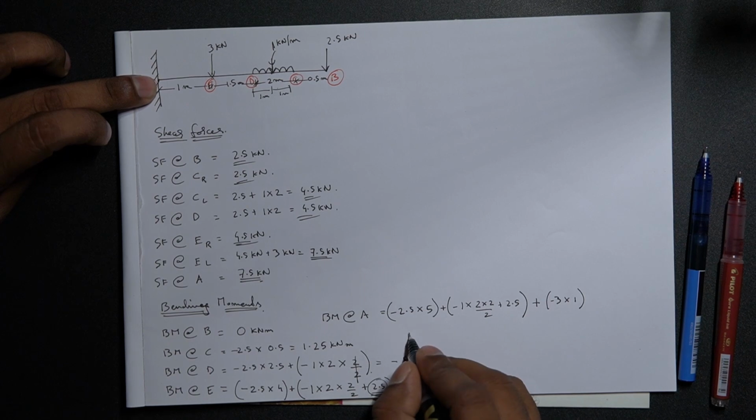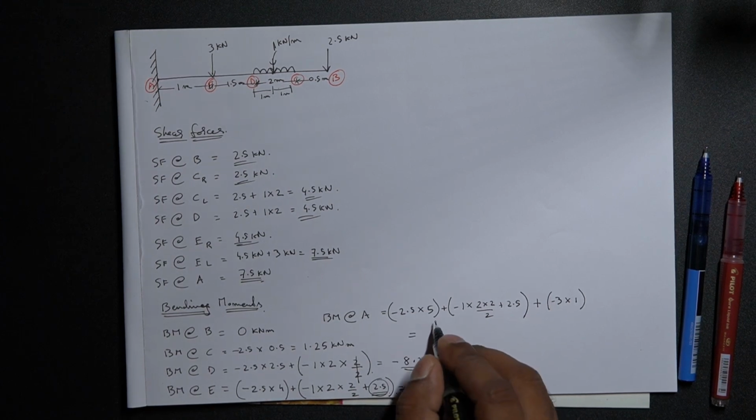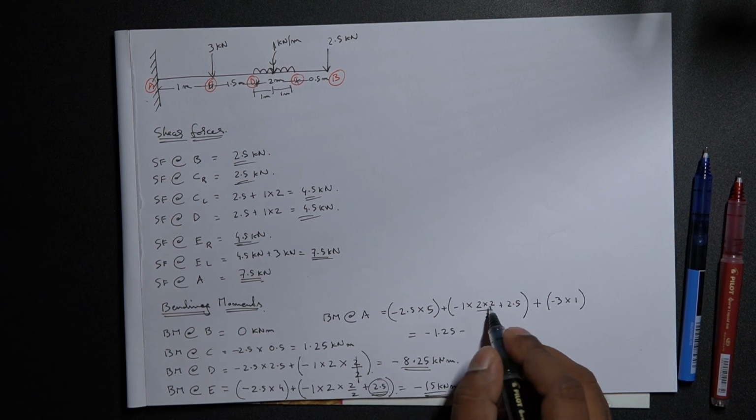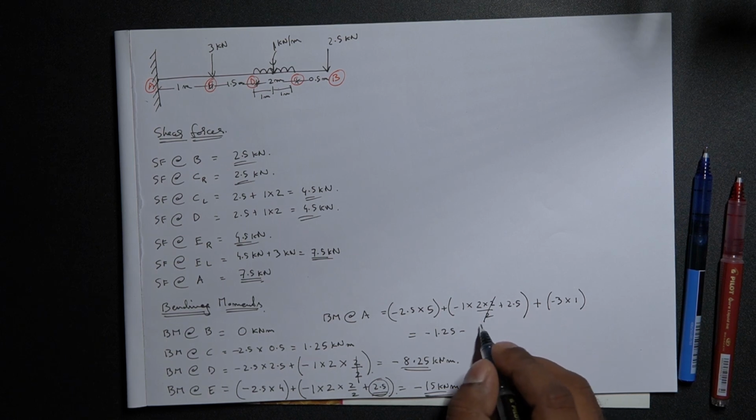On the whole, we have 2.5 times 5, minus 1.25, minus 2, minus 0.5.